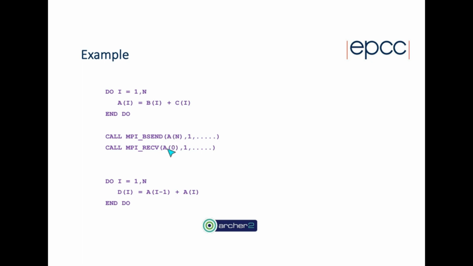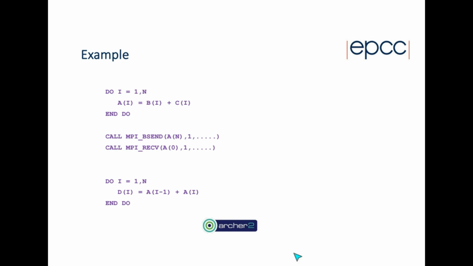So it sends AN and receives into A0. Then it does some computation that requires A, and in particular A0, afterwards.